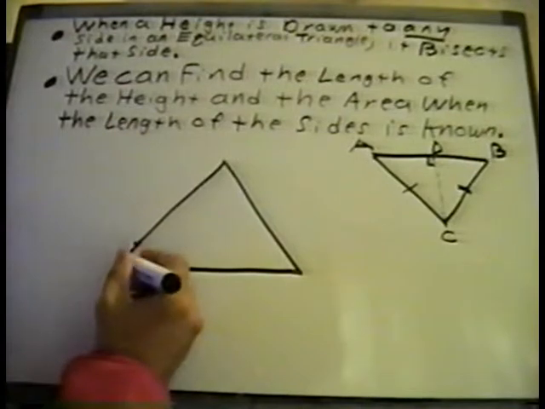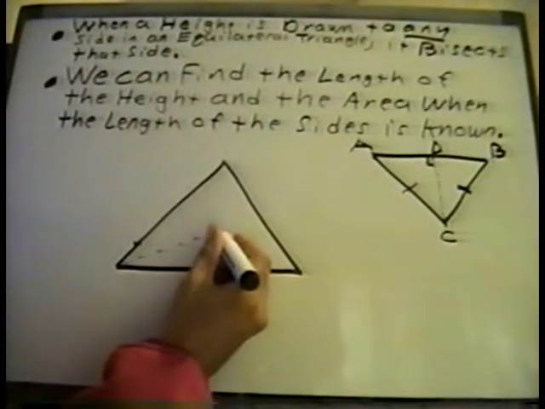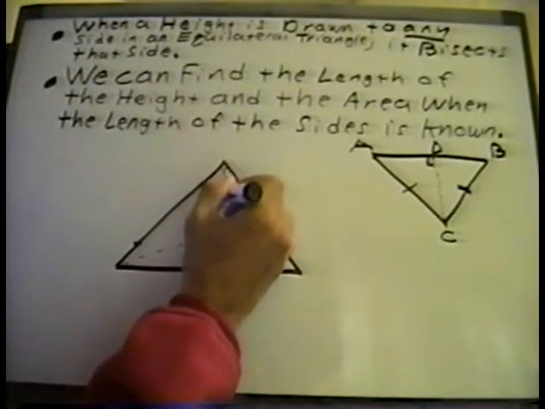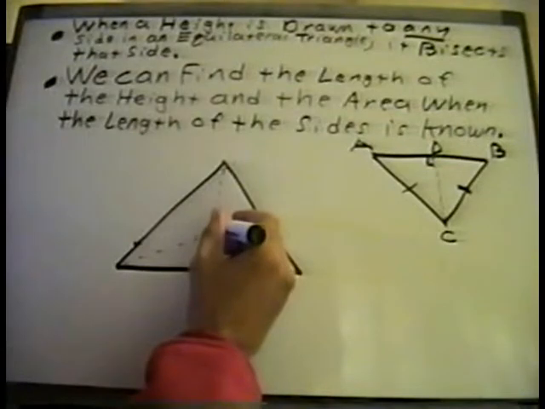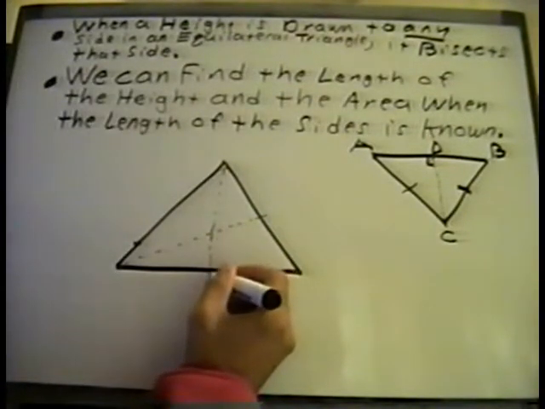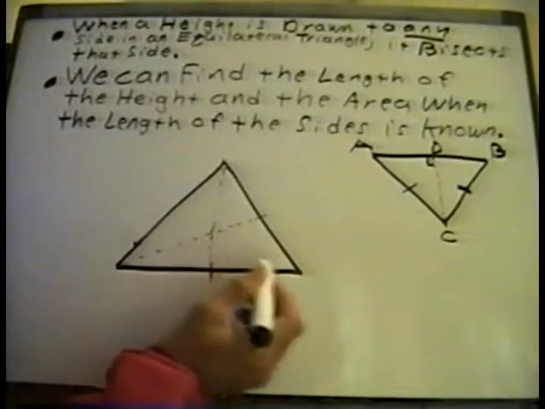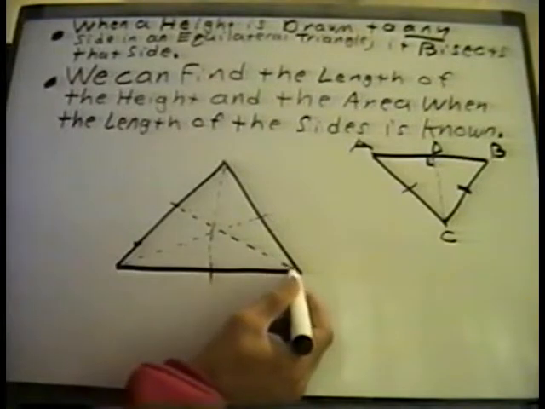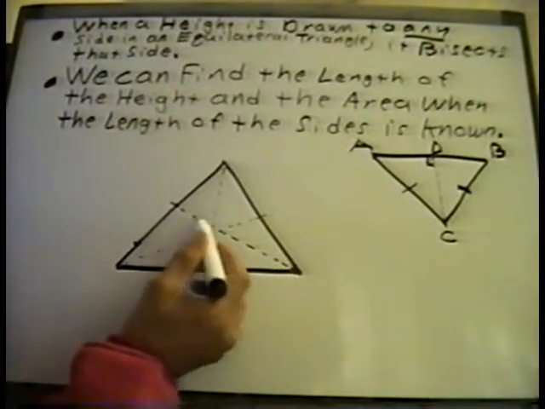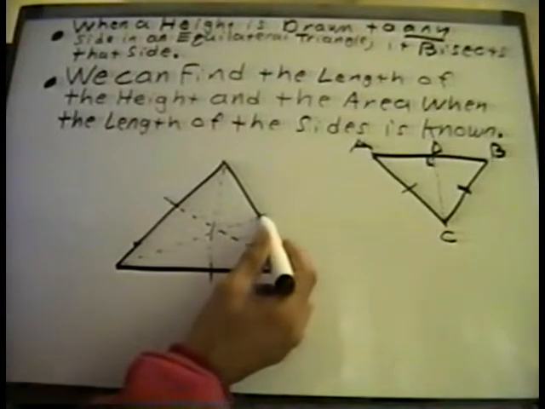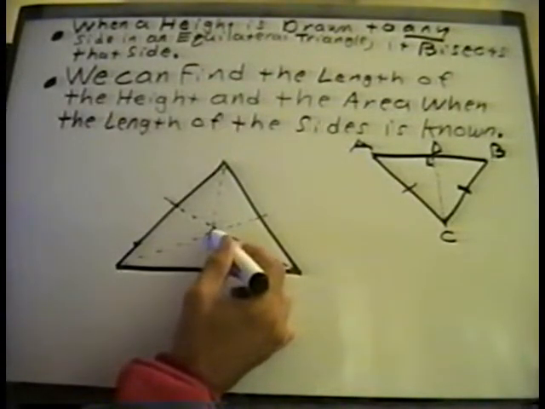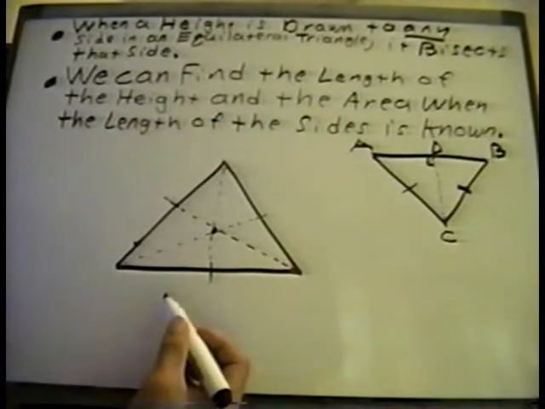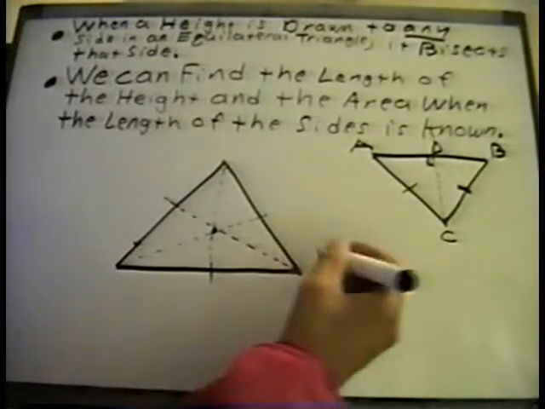If you draw a height to either side, it's going to bisect it, which means to cut it in half. Now if this was perfect, all these would meet right in one point.